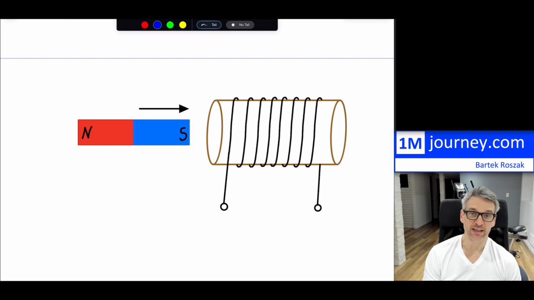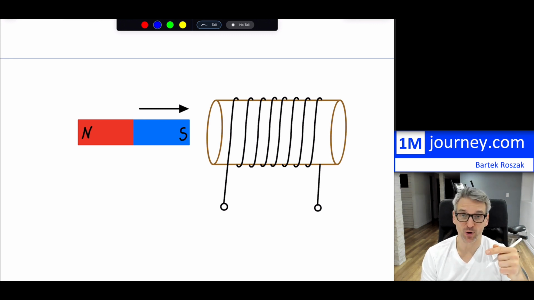One of the key things that you hopefully notice is that if you're moving a north pole into it, the induced current is going to create a north pole to counteract the other north pole when you're moving in. If you're moving in a south pole, it's going to counteract and create a south pole in order to counteract that.